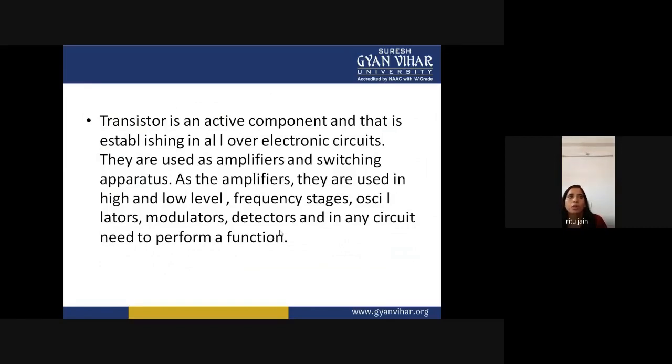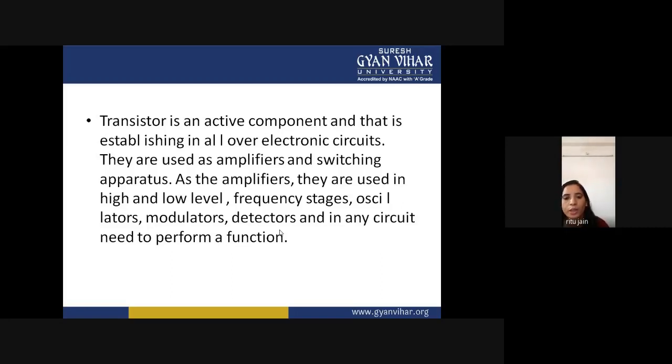Suppose we are getting a signal from FM, but this signal has some disturbance. You have to amplify the signal by using a transistor. Amplification means you are smoothing your signal or making that signal strong, so it can't be disturbed if it is traveling a long distance. So a transistor is basically an active component used for amplification and switching.